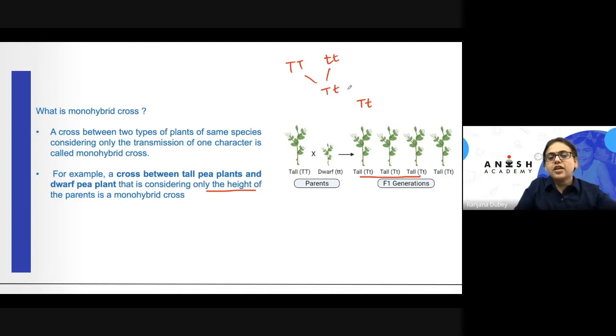Therefore, all the individuals were heterozygous, having the genotype capital T and small t.